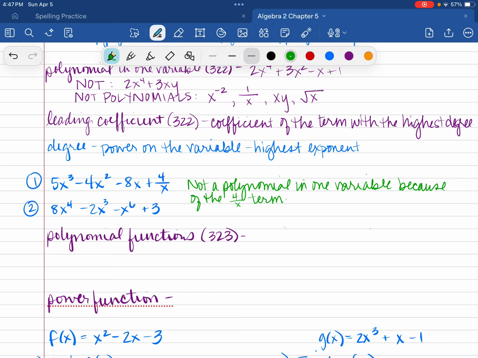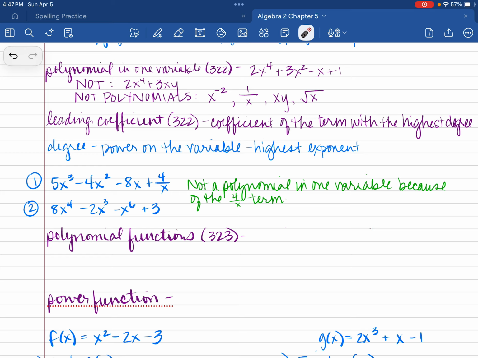On the second one, each term appears to be following the rules of polynomials. I'm real tired by this point in the day, guys. So each individual term appears to be a monomial. We have none of the things that would make it not.